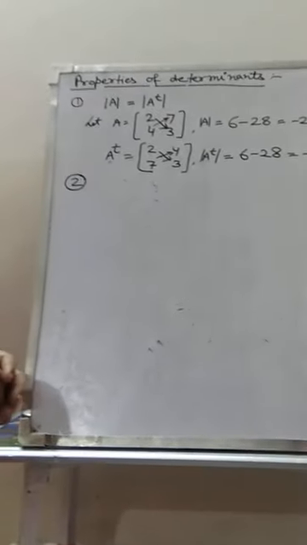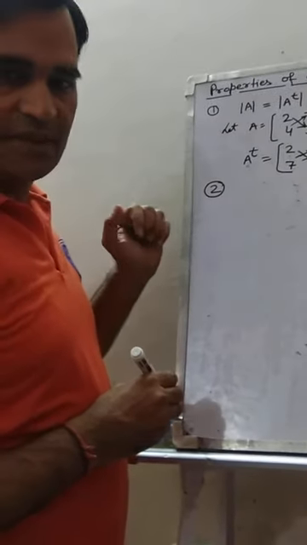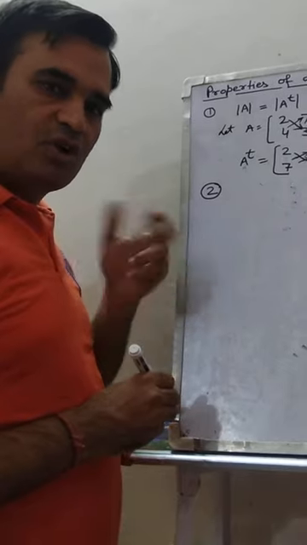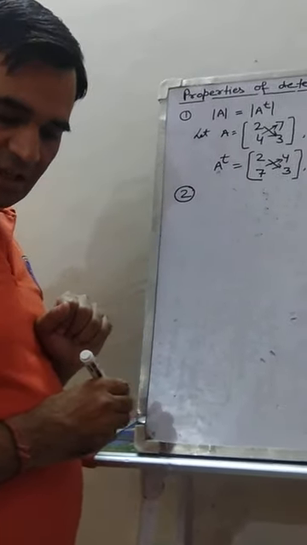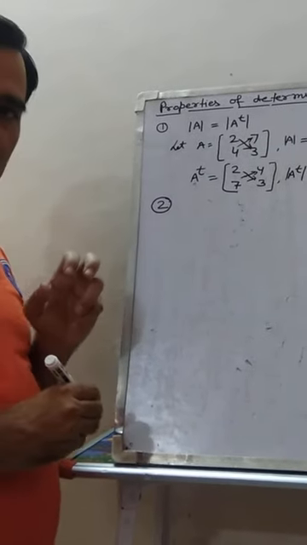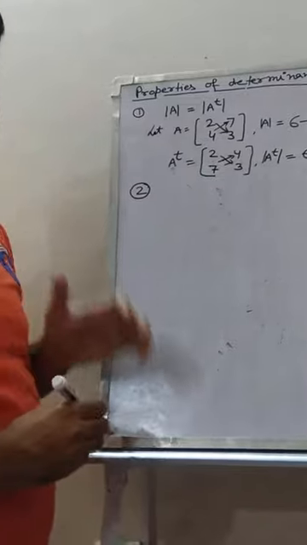The second property of determinants says that if we interchange any two rows or columns of a square matrix, then the value of the determinant changes by a negative sign.